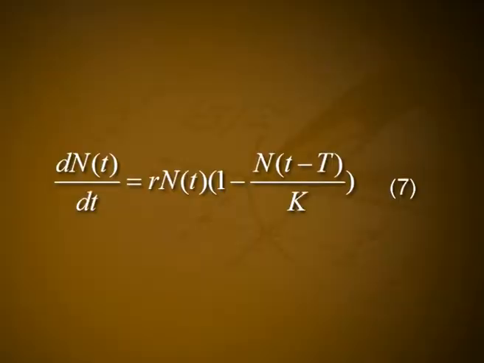We can, however, get some qualitative impression of the kind of solutions of equation 7 which are possible by the following heuristic reasoning. We shall suppose that a solution n(t) to equation 7 exists for all times. Since the following argument is simple heuristics, we shall suppose for simplicity that r times capital T is greater than 1.